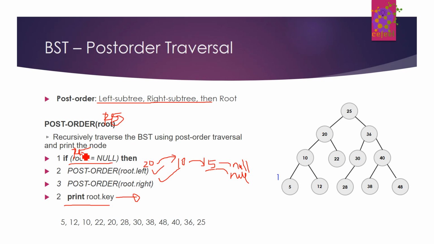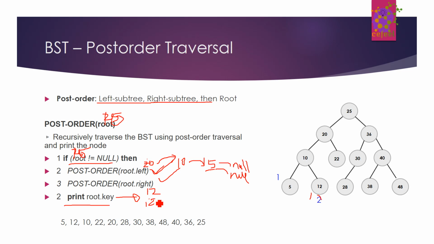For the 10 call the left part is done now, but the right part is not done, so the right call is made first with 12. So 10 is not printed yet, and then we call post order with 12, and it will first check post order of 12's left child and 12's right child, which are null, and it will return, and then finally print 12 as the second node.